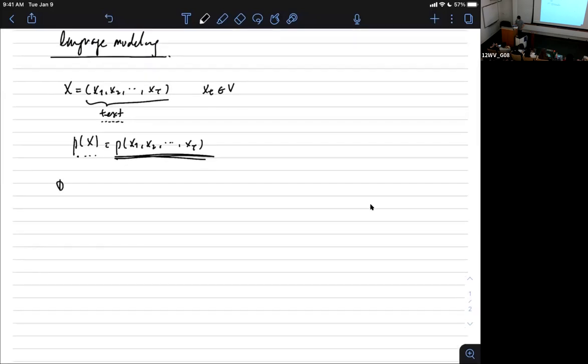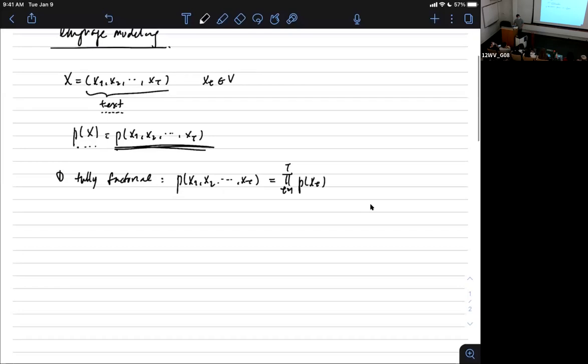One way that is simplest but most useless is the fully factorized parameterization. In this, we say that all the words that appear in this text snippet are independent of each other.